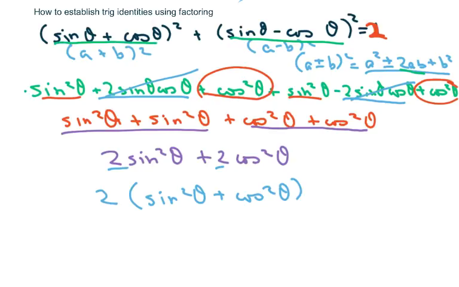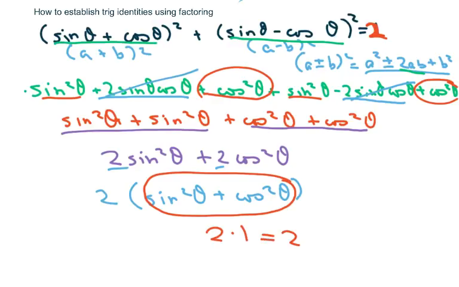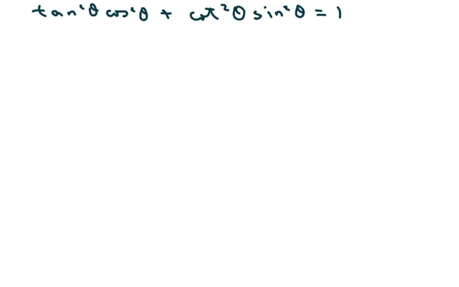And this here, from your Pythagorean identity, you know that equals 1. So you get 2 times 1 equals 2. And so we have the 2 here, so we have 2 equals 2. And that solves that.